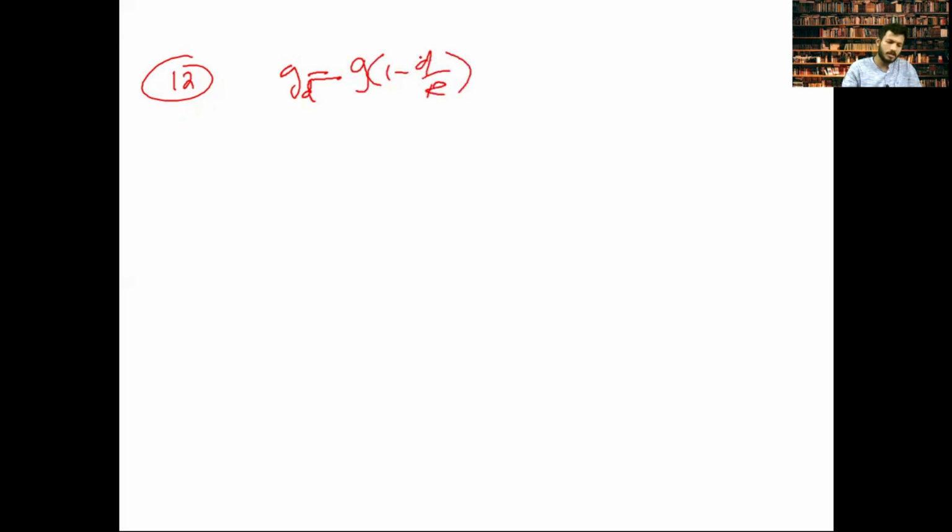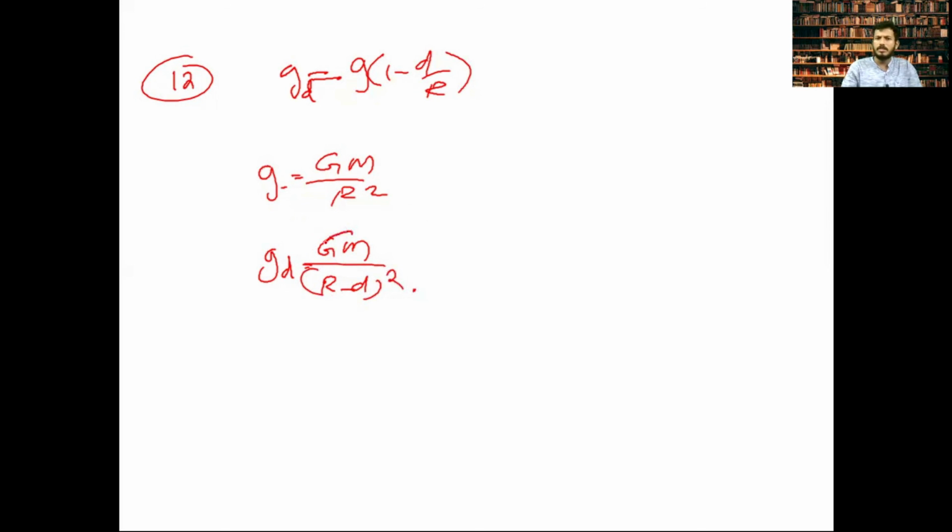Then what will the distance between the center of Earth and the point be? We know g is equal to GM by r square, and g dash, or g d, the acceleration due to gravity with depth, equals GM by (r minus d) the whole square.